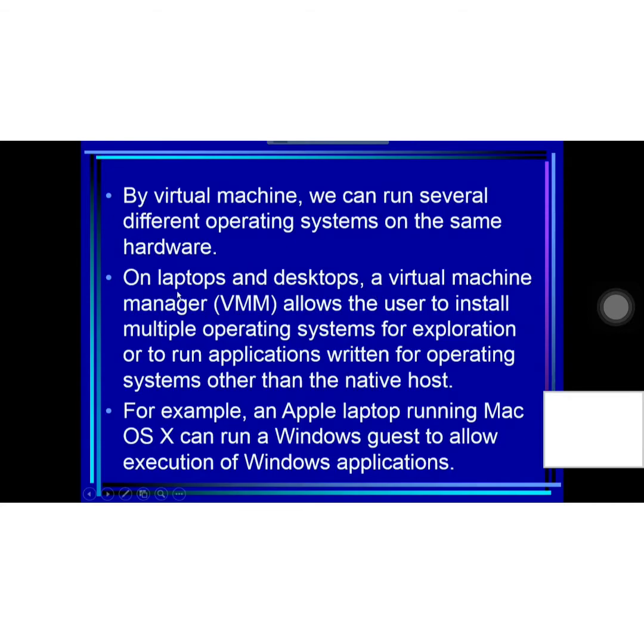On laptops and desktops, a virtual machine manager allows the user to install multiple operating systems for exploration or to run applications written for operating systems other than the native host. For example, an Apple laptop running Mac OS X can run a Windows guest to allow execution of Windows applications.